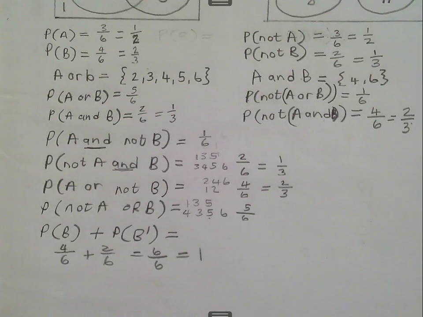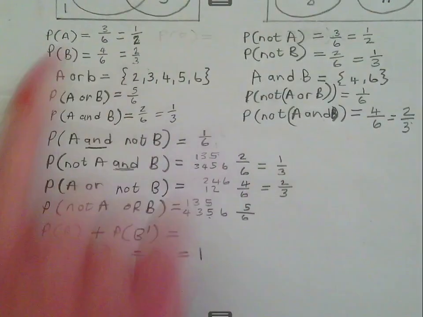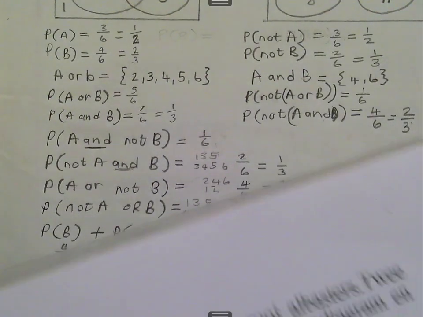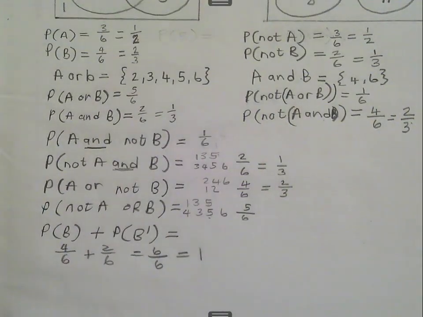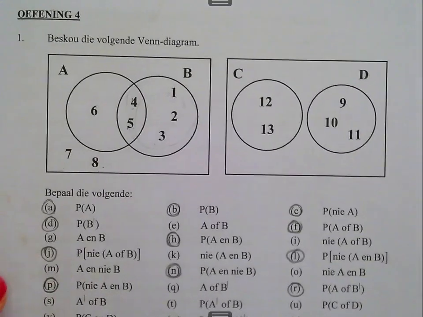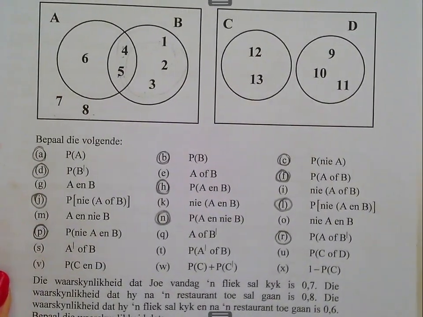I'm going to give you homework that's exactly like this. You're going to have your own 2 Venn diagrams and then you're going to answer some of them. In your textbook, I will also take a picture and put it on the group if you want me to. It is exercise 4 on page 261.